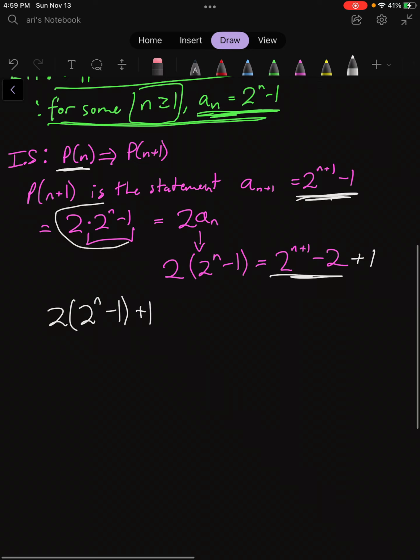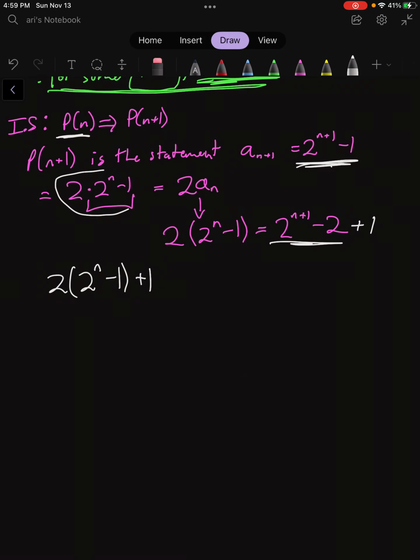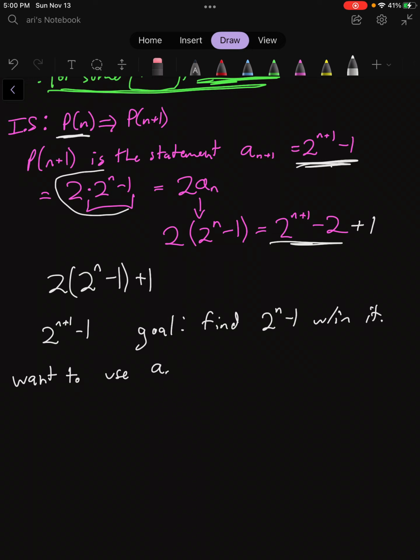So initially, I'm kind of just restarting my thought process because I think I was a little sloppy there. Initially, we get that a of n plus 1 is 2 to the n plus 1 minus 1. And our goal is to find 2 to the n minus 1 within it, because we want to use a of n to derive a of n plus 1.